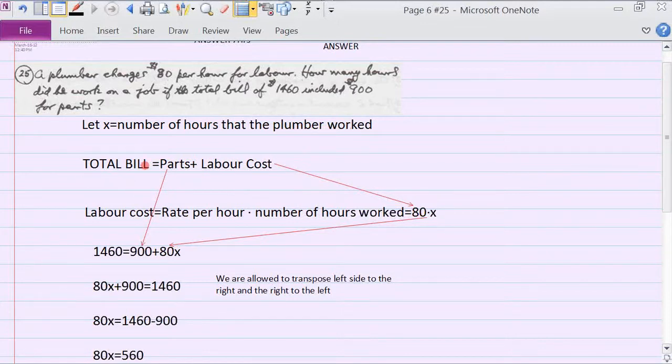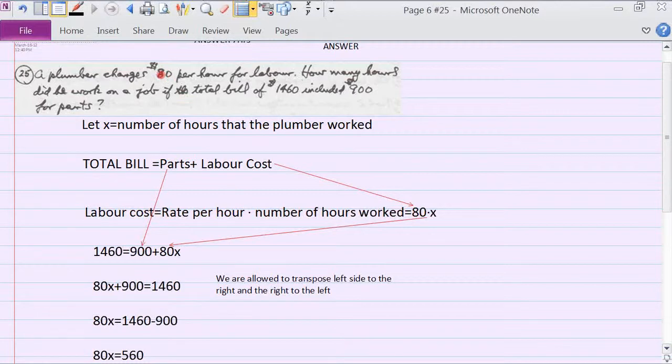Now the total bill is made up of two parts. One is the parts cost and one is the labor cost. So let's look at the labor cost now. The labor cost is determined by a rate per hour times the number of hours worked.